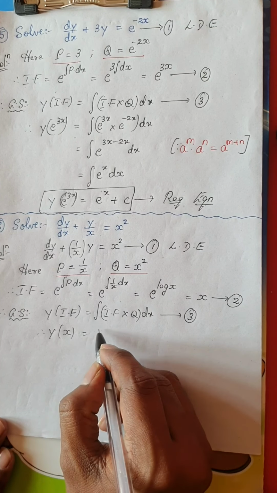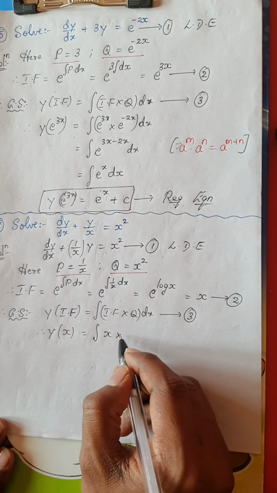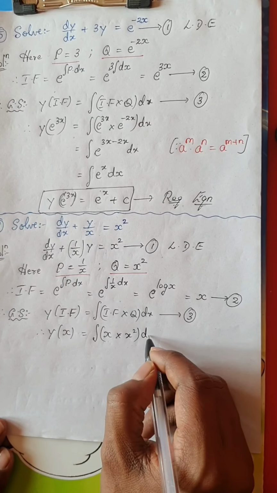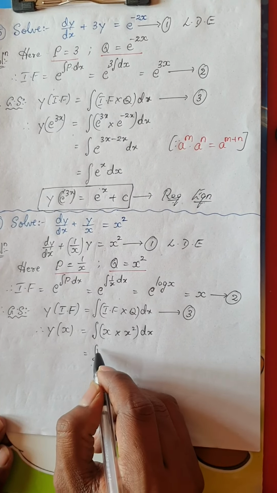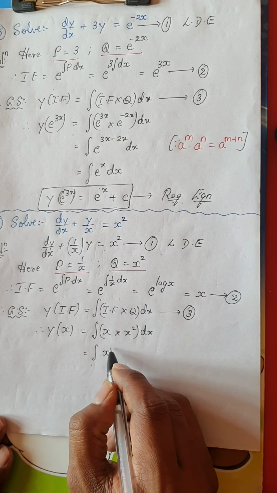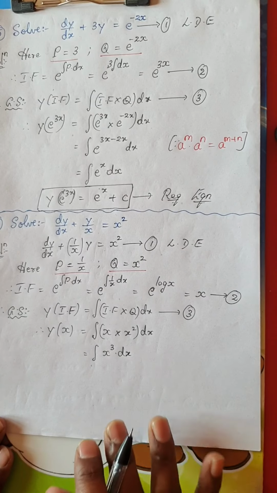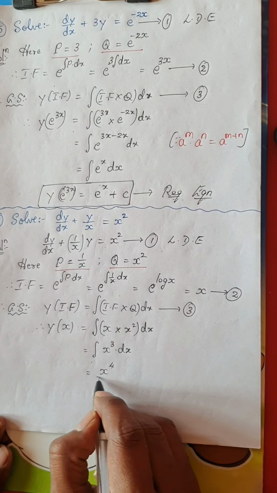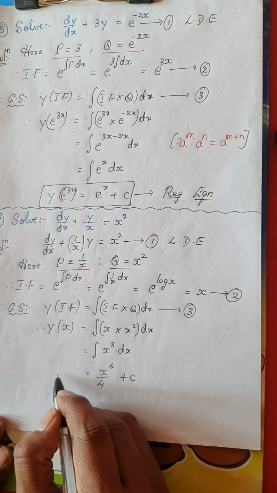is nothing but the integral of, what is the integrating factor? This is x into q, which is x square, dx. Now this is the integral of x into x square, which is x power 3, that is x cube, dx. And the integral of x cube is x power 4 divided by 4 plus c, which is the constant of integration.